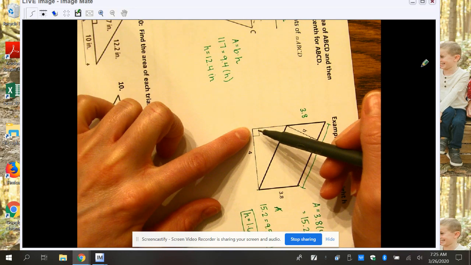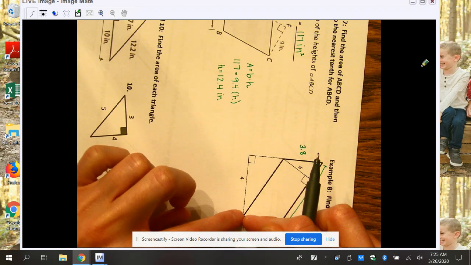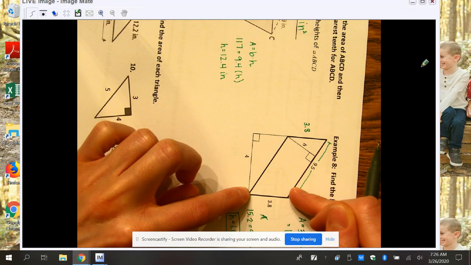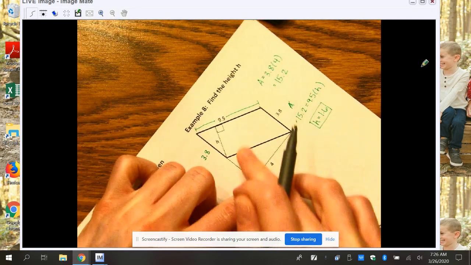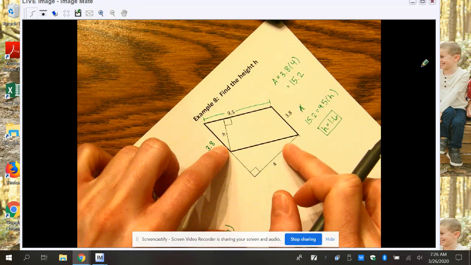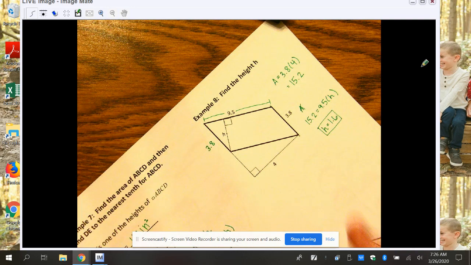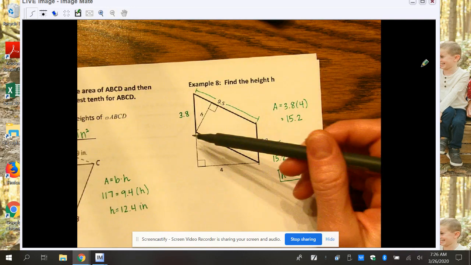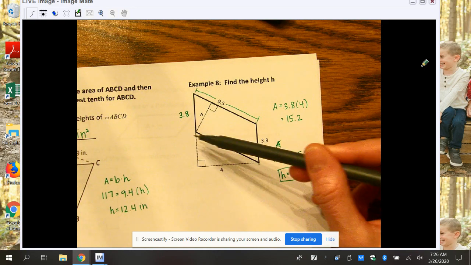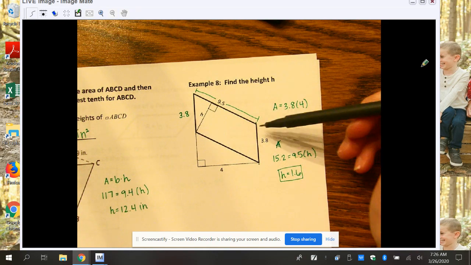So your base and your height should always be kind of related like that. The side that you're sitting on, how tall it is. Those are the parts that go together. So again, in a parallelogram, you'll always have the longer side goes with the shorter height, the shorter base this way would go with the taller height.